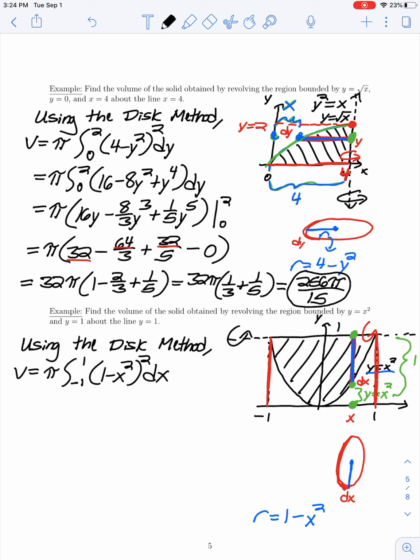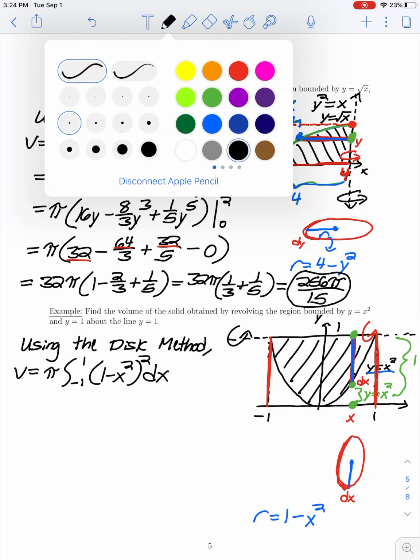So we can proceed by expanding this expression and evaluating at the endpoints. One thing I'll mention in this example that we could use to make our work a little bit easier is the symmetry of this region.